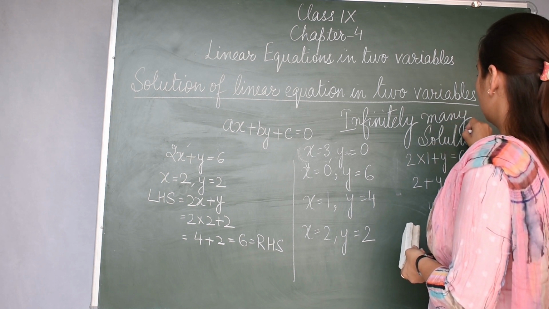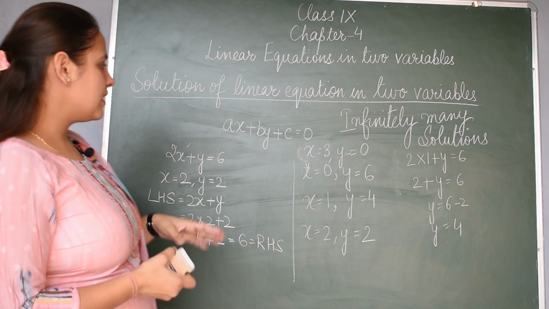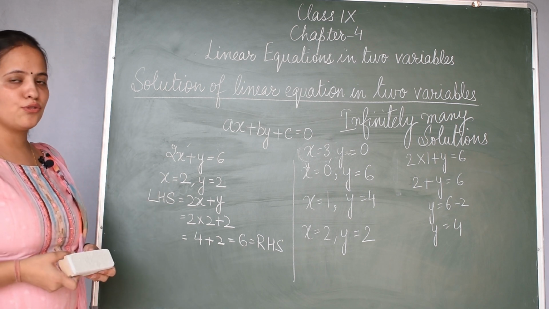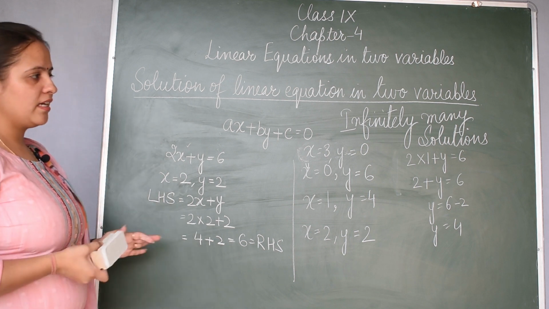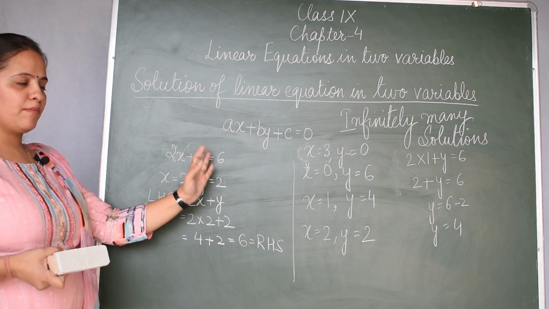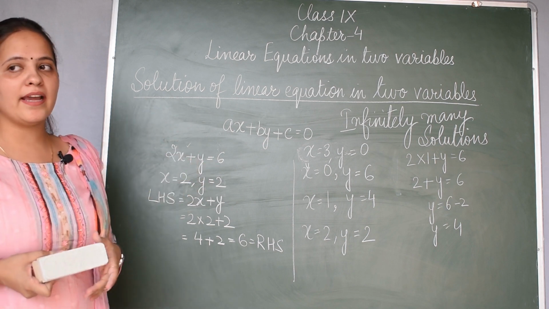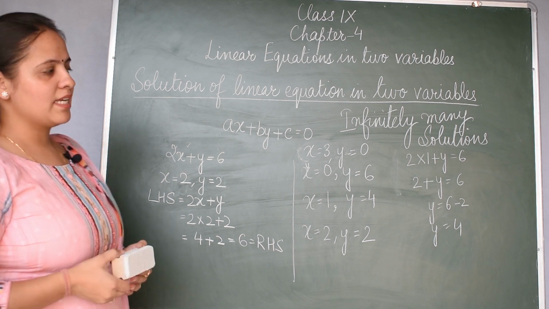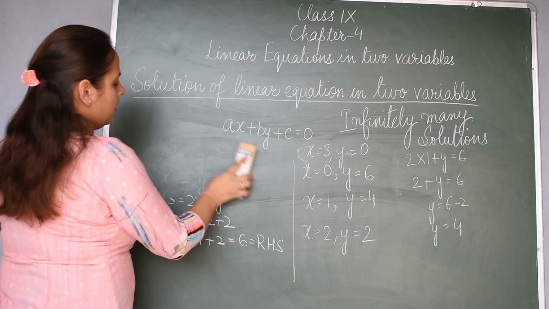That means there are a lot of solutions for this equation, or you can say any linear equation in two variables has infinitely many solutions, because I am putting some value of y, I am getting the value of x, I am putting some value of x, I am getting the value of y. So that means a linear equation in two variables has infinitely many solutions.